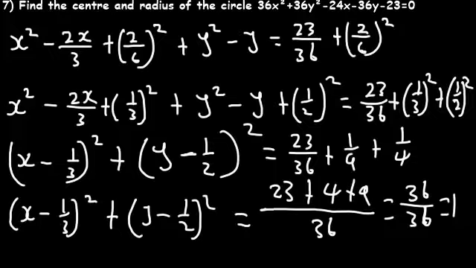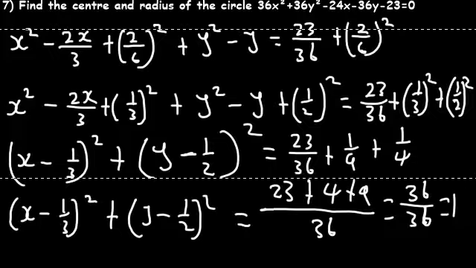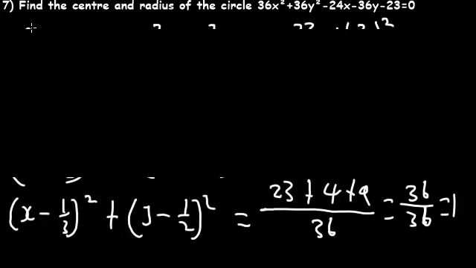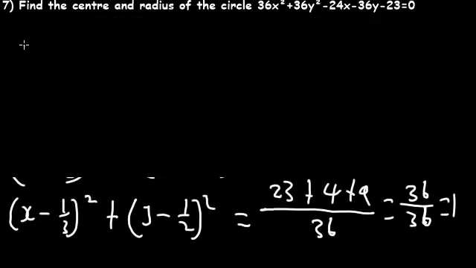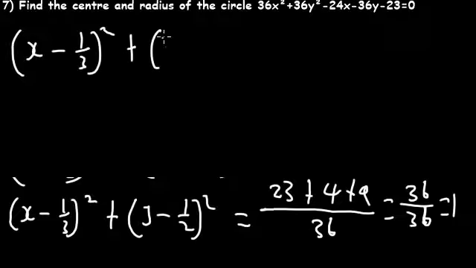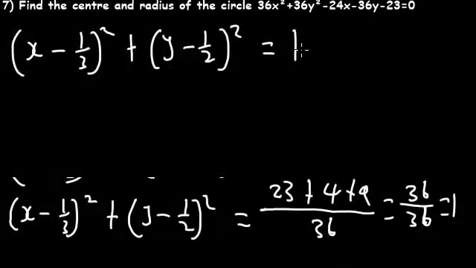So eventually, you can see that the equation of the circle now becomes x minus 1/3 all squared plus y minus 1/2 all squared equals 1. So now we have it in standard form.